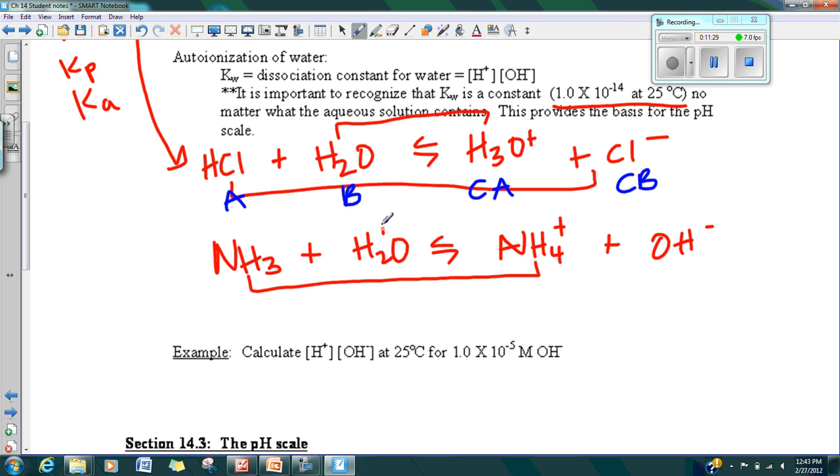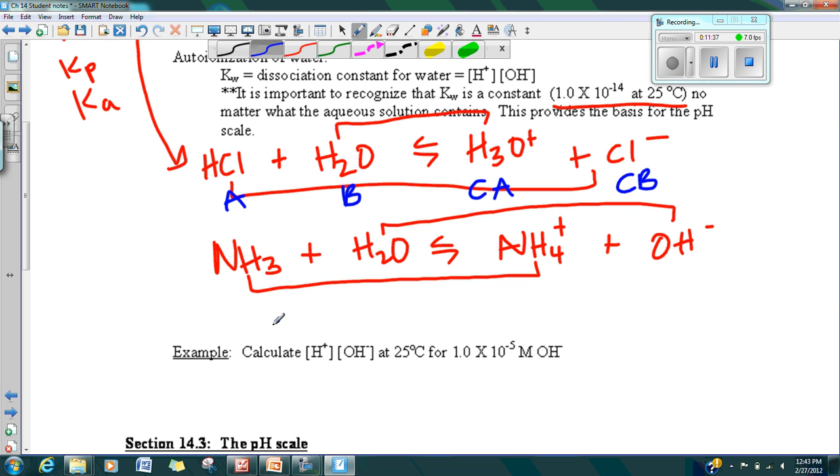So these things are acting as a pair. This and the hydroxide ion are acting as a pair. If we analyze in terms of proton donors and acceptors, this is accepting that hydrogen proton, and so this is going to be the base. This water is donating the hydrogen ion, so that's becoming the acid. Base is its conjugate acid. Here's my acid. This is going to be my conjugate base.